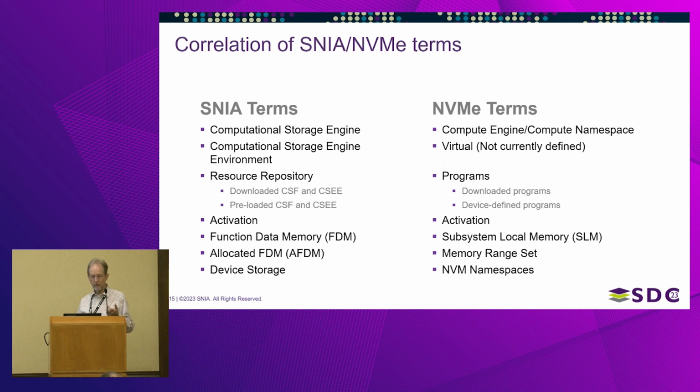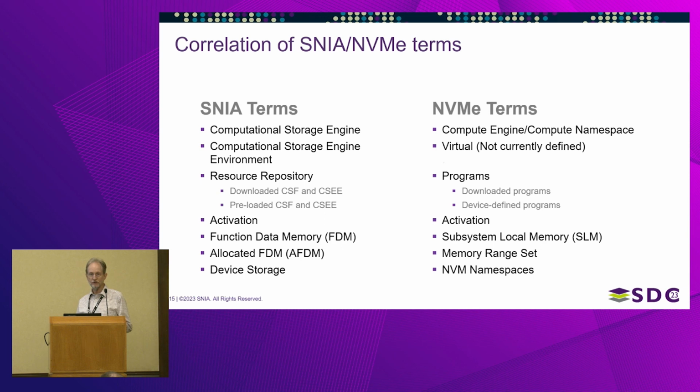Both SNIA and NVMe require activation of a CSF in SNIA or a program in NVMe before that program can be used. There's a direct correlation there in terms of activation of your program. SNIA defines an activation of your computational storage engine environment.